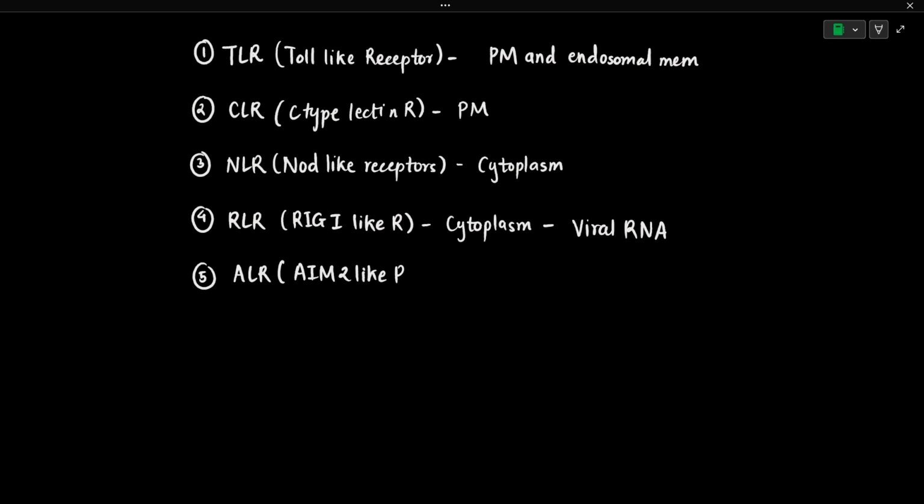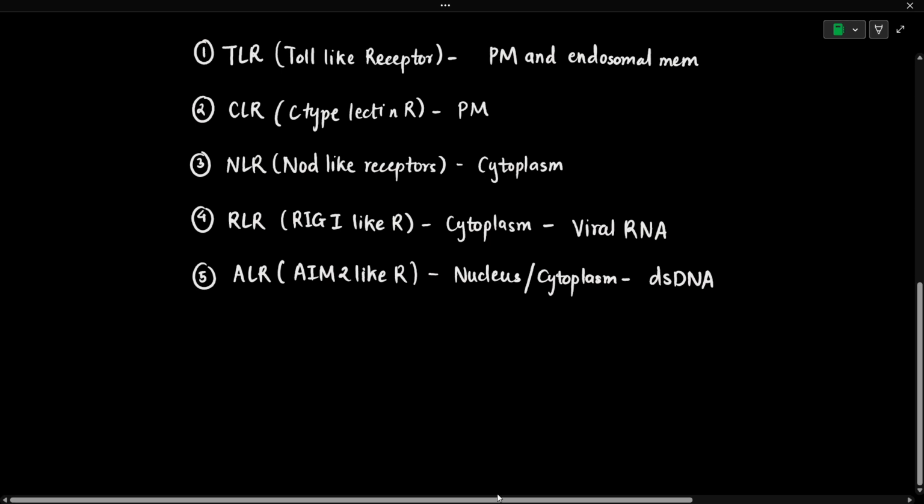These receptors are present in the nucleus as well as the cytoplasm, so these are really specific. They also recognize nucleic acid, specifically cytosolic double-stranded DNA.